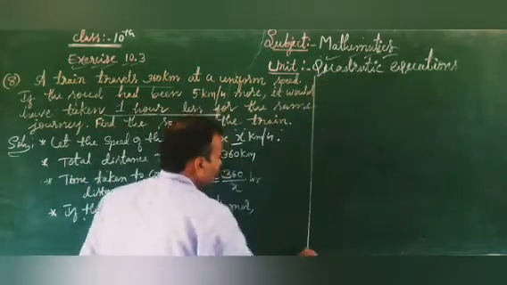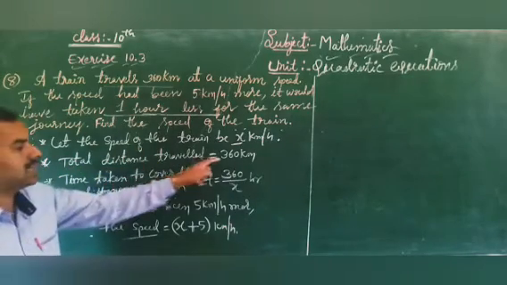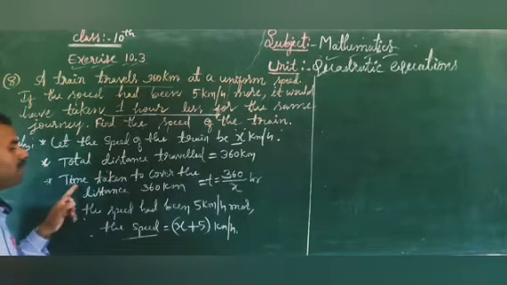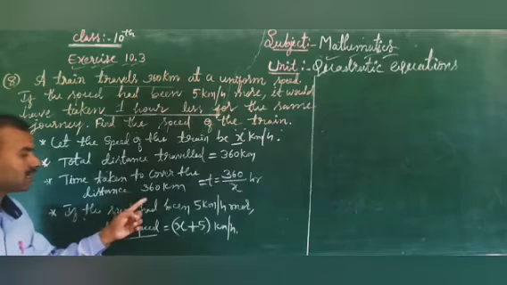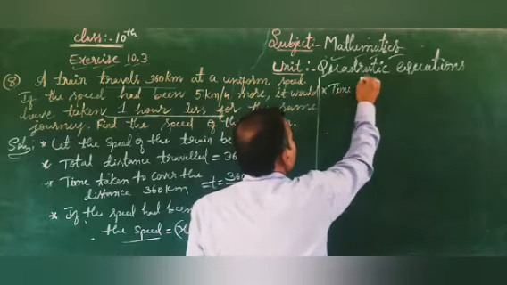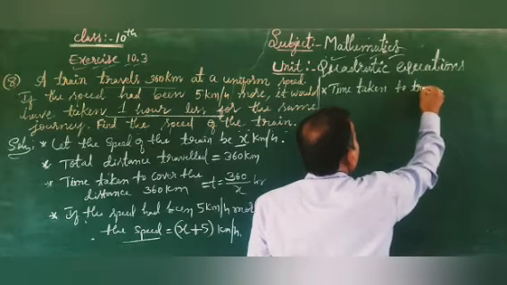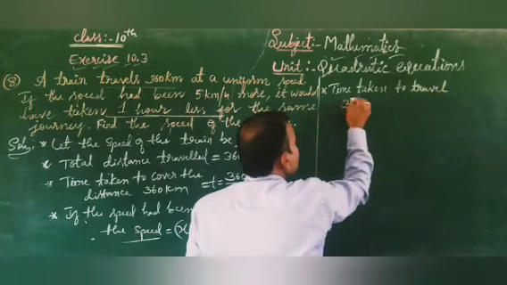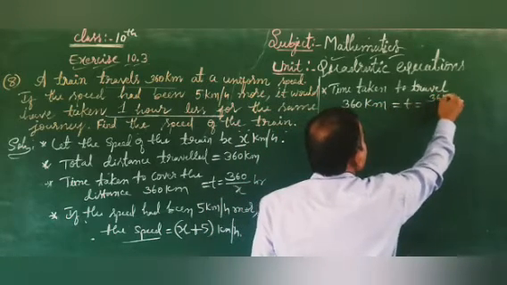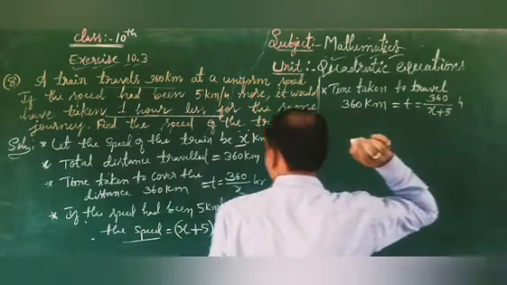Next, total distance traveled is 360 km, already written down. Next, time taken to travel the distance 360 km. The speed is x plus 5, so time taken to travel 360 km equals t equals 360 by x plus 5 hour.